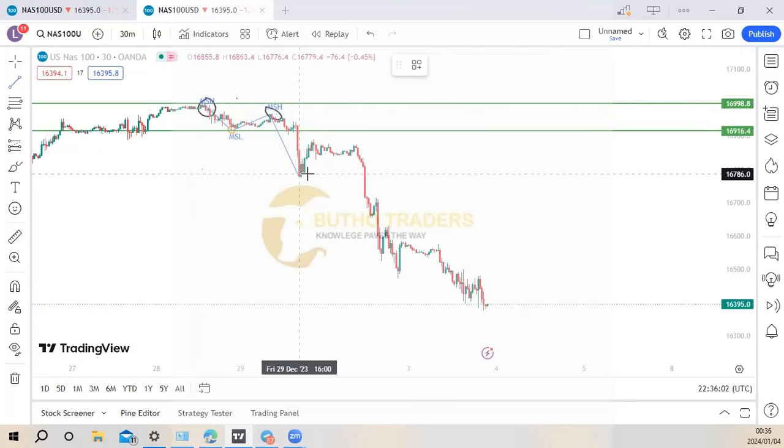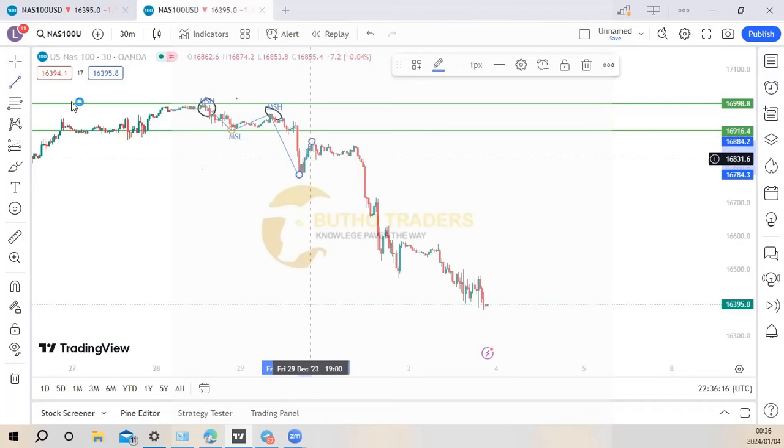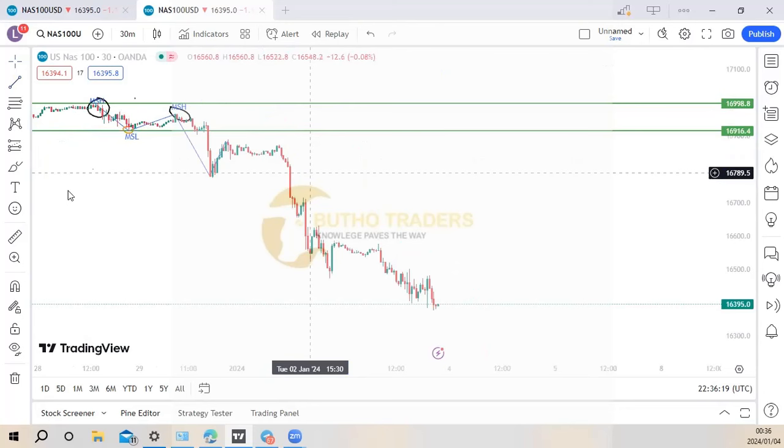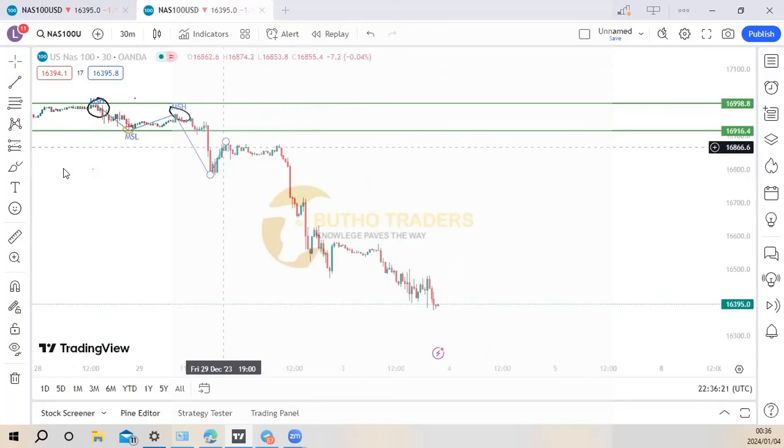This part from here comes here, and this one automatically becomes our major swing high. Then when it breaks this part, we will have our major swing low.